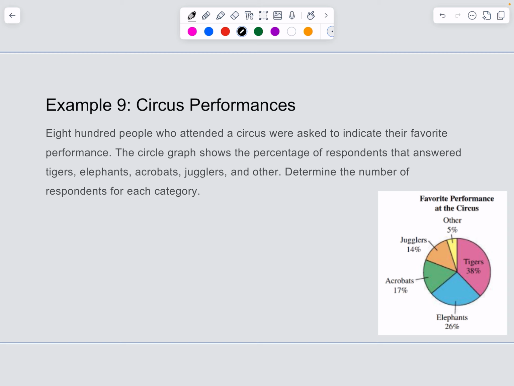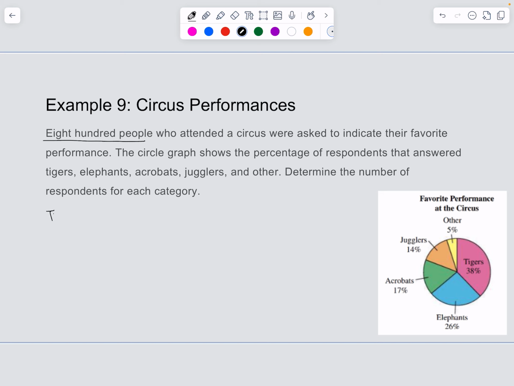The circle graph shows the percentage of respondents that answered tigers, elephants, acrobats, jugglers, and other. Determine the number of respondents for each category. So we had 800 people total, and each of these is a percent of the total. Of always means multiply.